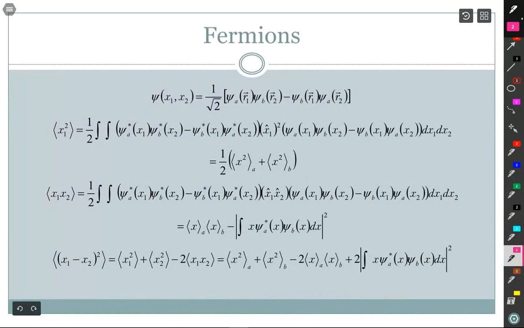Now, if we do it with fermions, we change that plus sign to a minus sign. The work is all the same, but the outcome is this sign got flipped, which makes this here again the distinguishable, but then it's plus something. So what happens with the fermions?